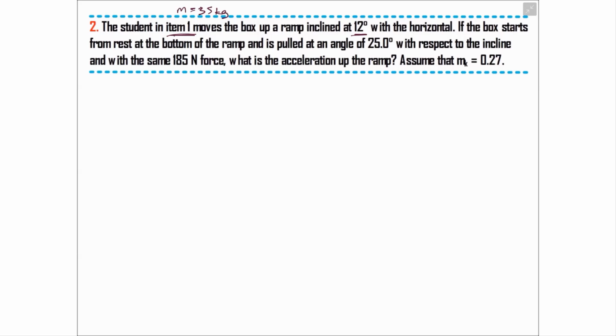There is a ramp with an angle of 12 degrees with the horizontal. If the box starts from rest at the bottom of the ramp and is pulled at an angle of 25 degrees with respect to the incline with the same 185 Newton force, what is the acceleration up the ramp? Assume that mu k equals 0.27.